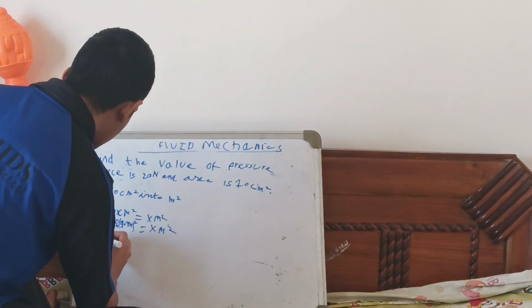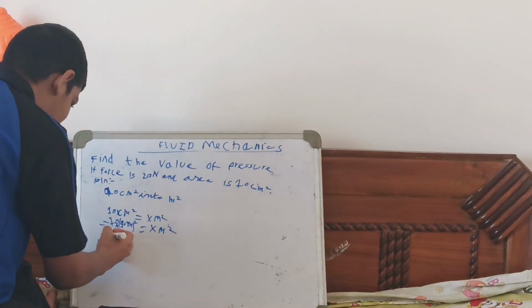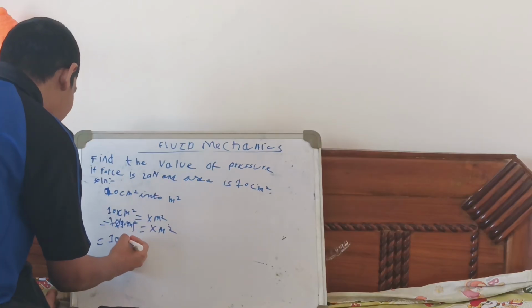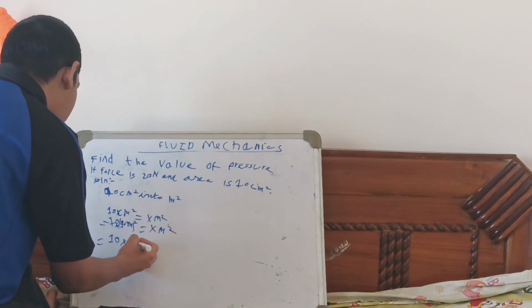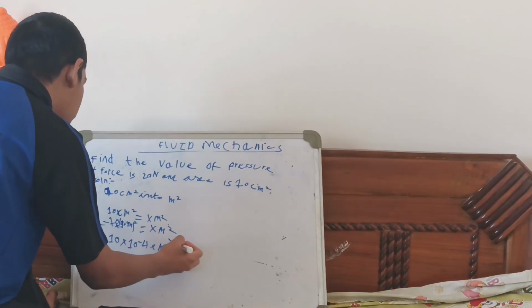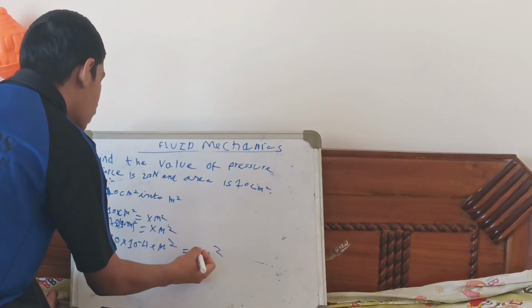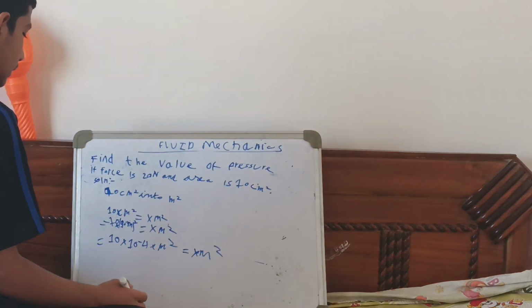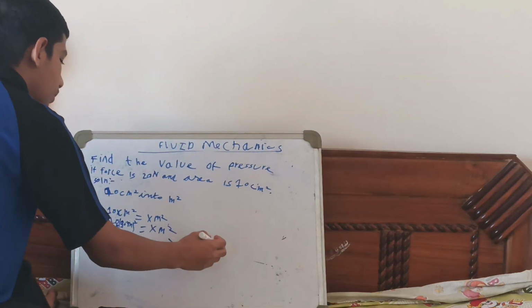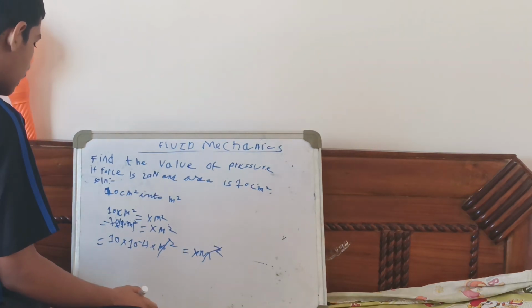Now it will be 10 into 10 power minus 4 into meter square, which is x meter square. We are finding the numerical value, so meter square gets cancelled.